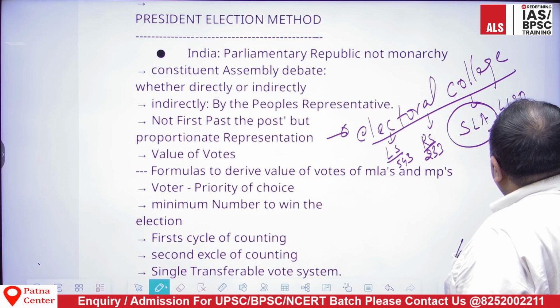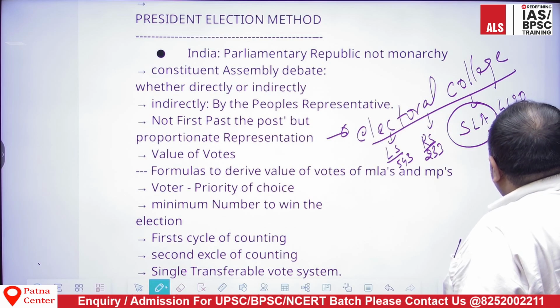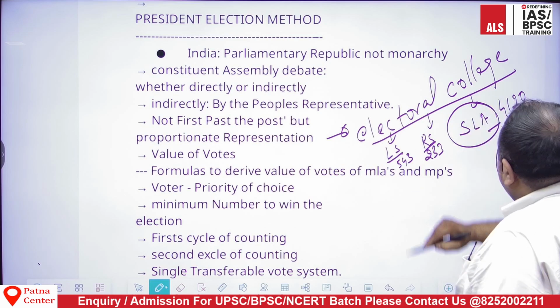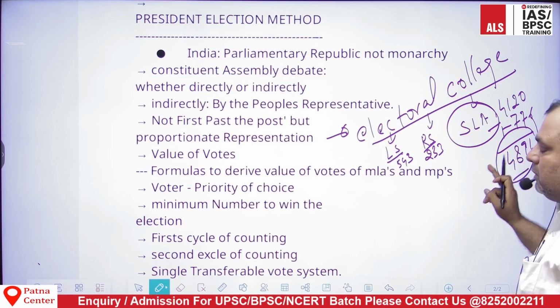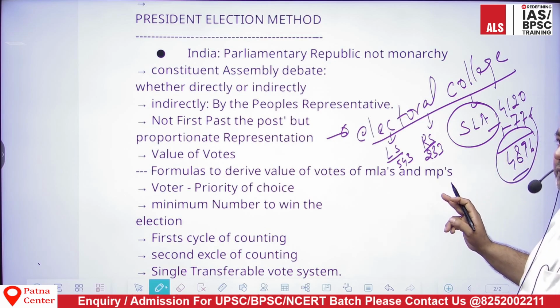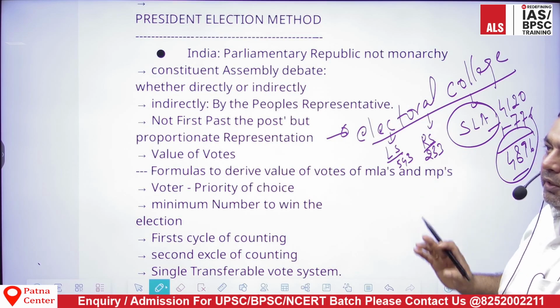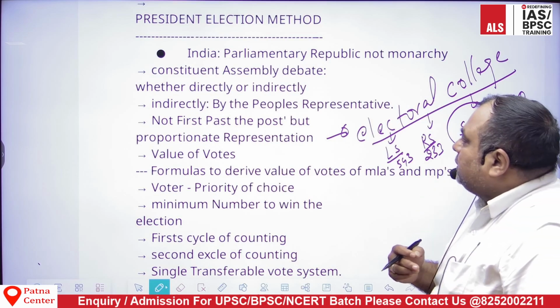So 776. Total 4896. These are the voters of the presidential election. They are the members of the Electoral College which elects the Indian President.